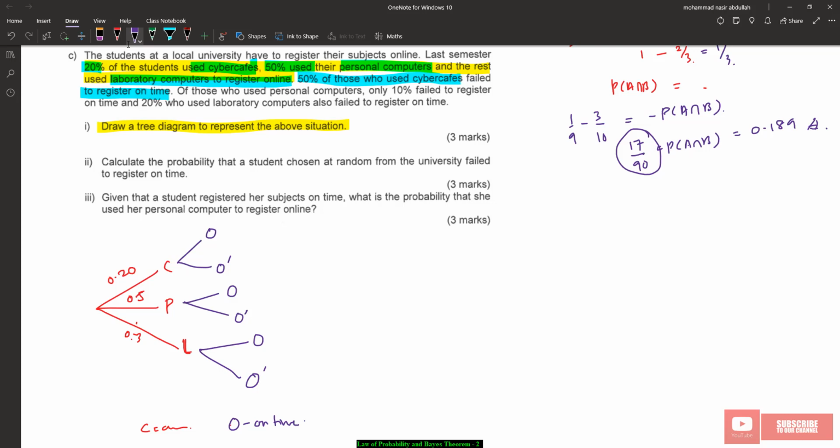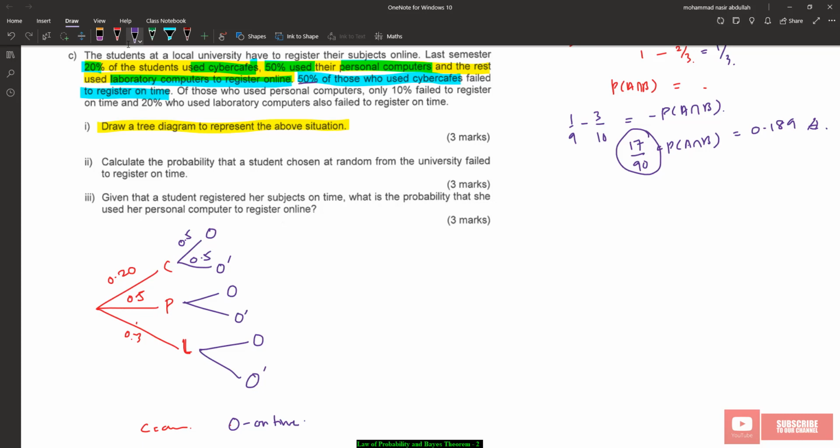Dia kata 50% of those who use cyber cafe fail to register on time. So fail to register on time, O complement, is 0.5, and on time is 0.5.